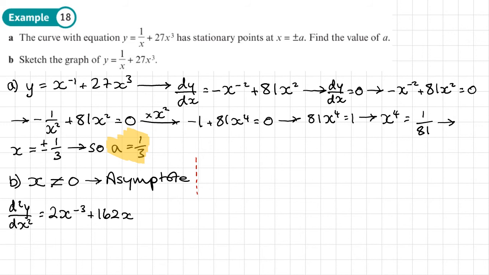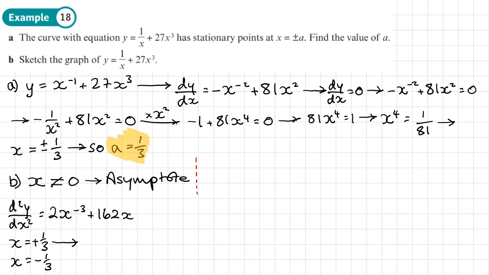And we want to see what happens when we put in plus a third into this and negative a third, so that we can identify the stationary point. Okay, let's start with plus a third, then we'll put negative a third in.